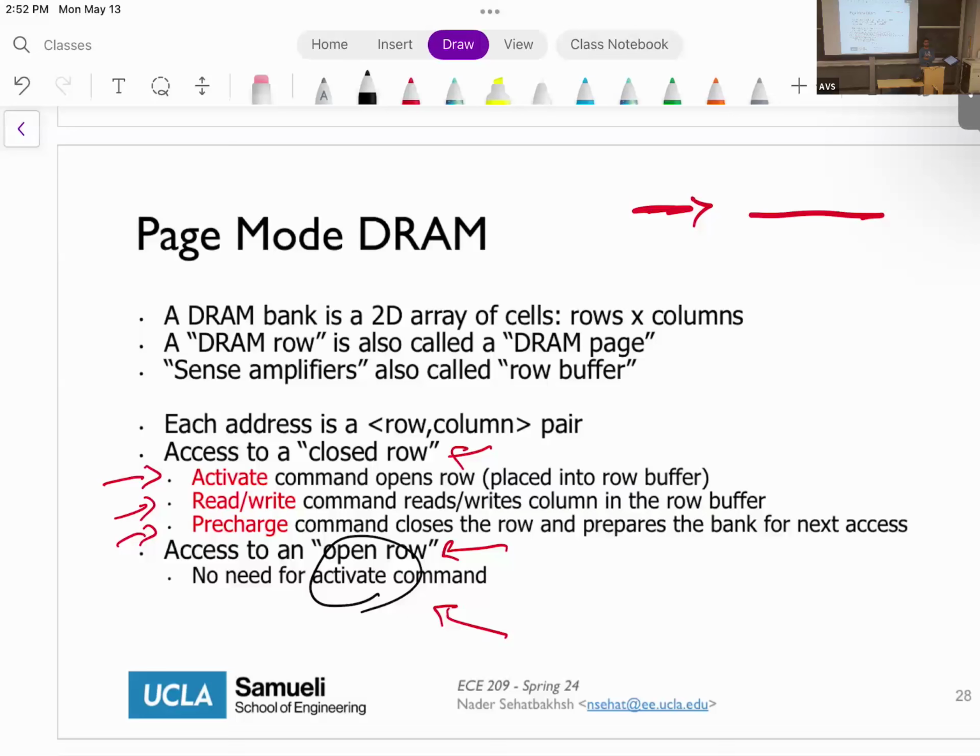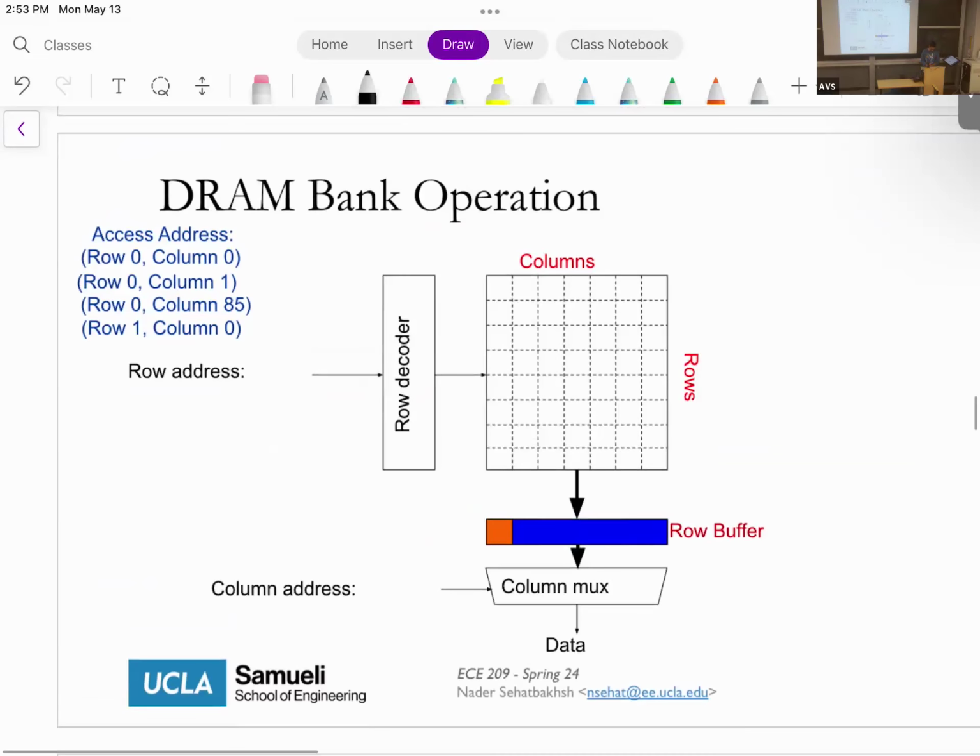So if you miss, now you have to pre-charge back the row that you opened. Now you need to open a new row. So you essentially pay more penalty because of that, right? So if you have lots of row buffer hits, in other words, lots of spatial locality, then it makes sense to have an open row policy. But if you want to be really low power, then it's a good idea to have a closed row policy. Okay, so this is the trade-off between the policies that we have.